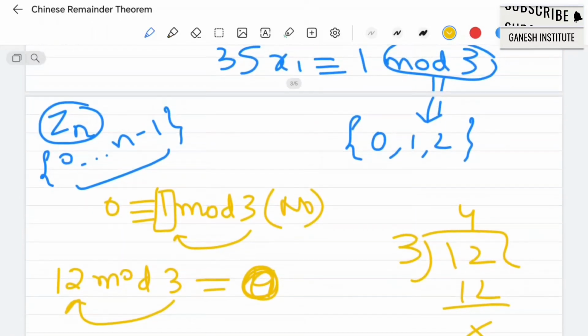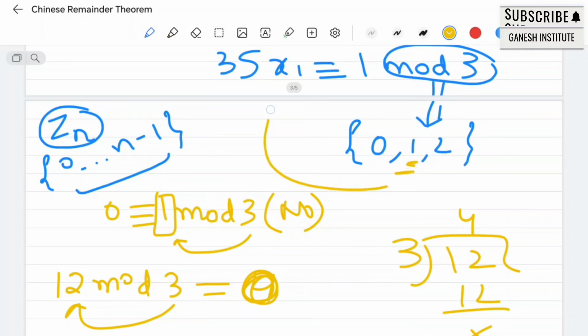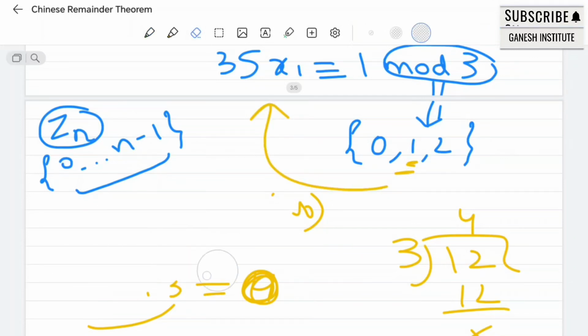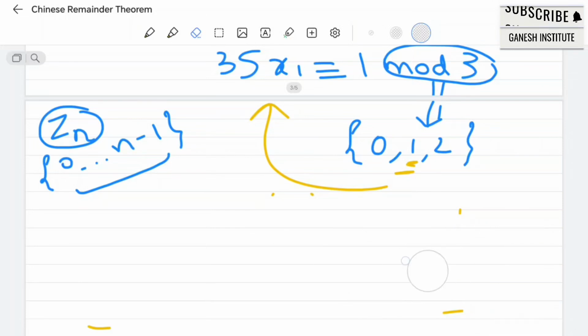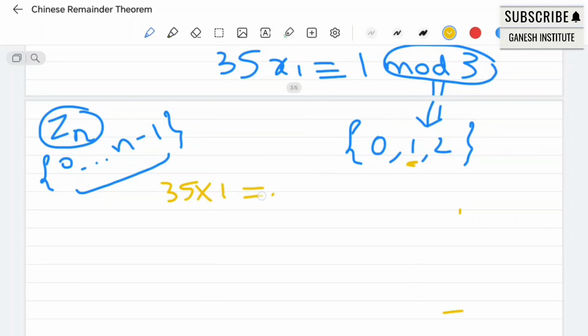Now next, let's put 1 here in place of x1. If we place 1 in place of x1, what will we get? 35 into 1 congruent to 1 modulo 3. Let's check if it is true or not. 35 is 35.